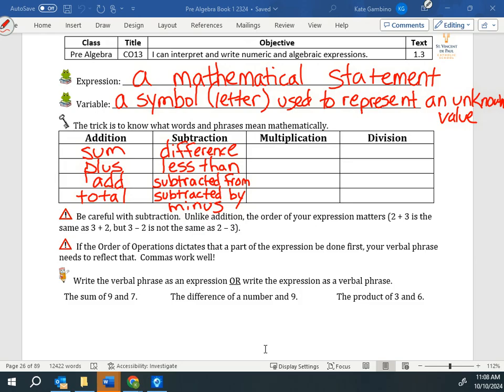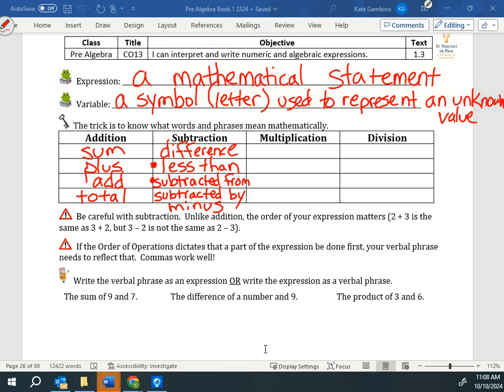Same thing with that less than. 5 less than 3. So if we have 5 less than 3, we're starting at that 3. And we're taking 5 less than it. We're subtracting the 5 away. So you really have to think if we're doing less than or subtracted from, what is it telling us to do?